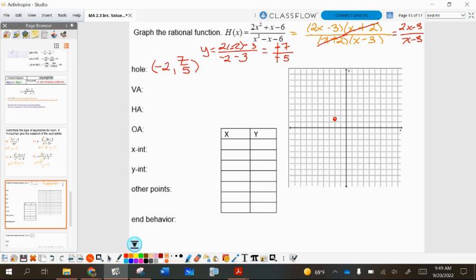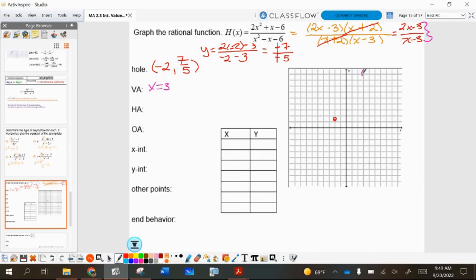Okay, so now we want to decide where our vertical asymptotes occur. And so I can see my function that I'm using now for the rest of the time. When would that denominator equal 0? And that would be at x equals +3. So I have a vertical asymptote at x equals +3.